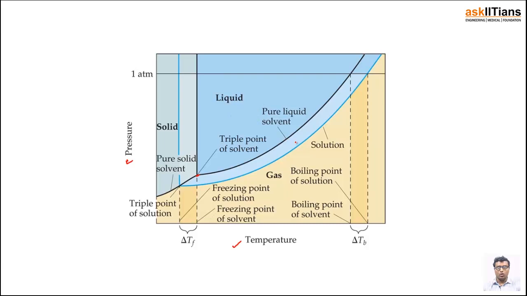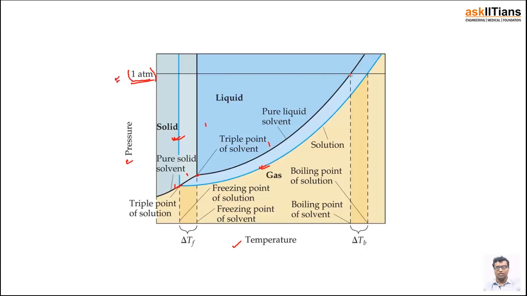Now if you add a non-volatile solute to the given pure solvent, what happens? You can see what is happening to the graph. The new graph is this blue curve; earlier it was this. The boiling point happens at 1 atm pressure only.